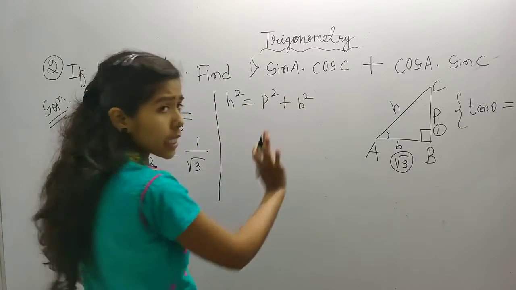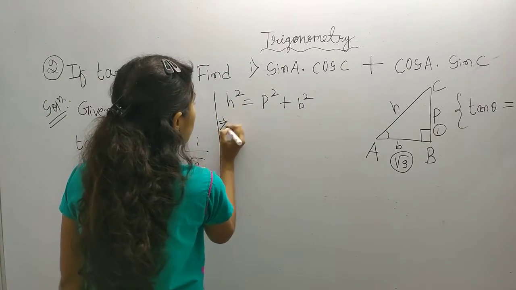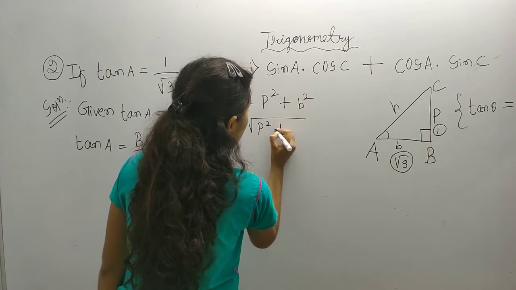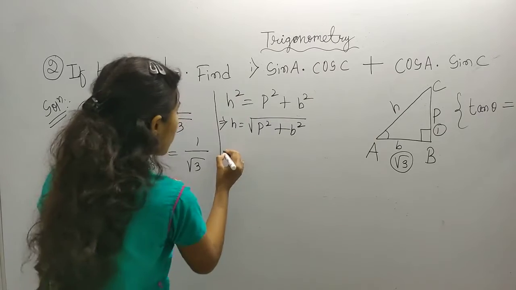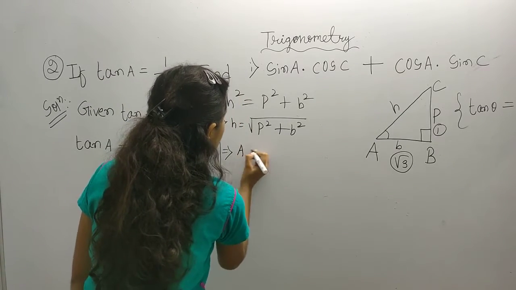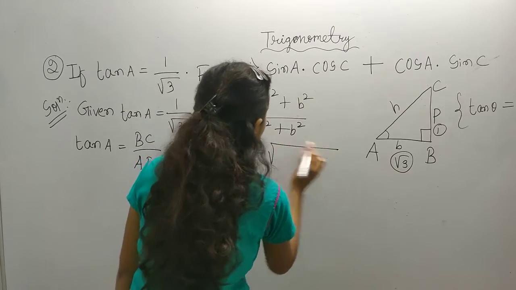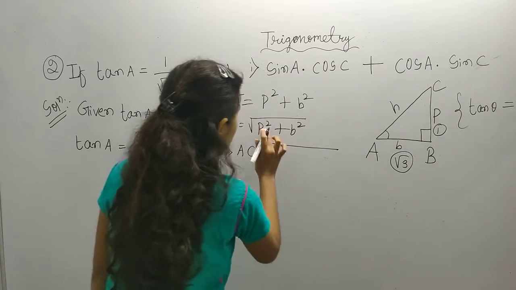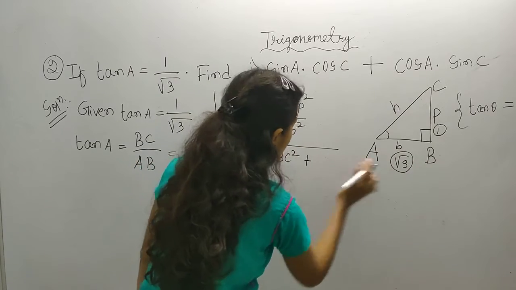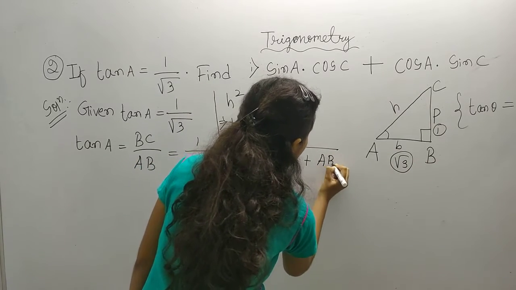So here H is missing now. That implies H equals root of P square plus B square. Okay. That implies H is our AC. So AC equals root, what is P? BC square, plus base is AB square.